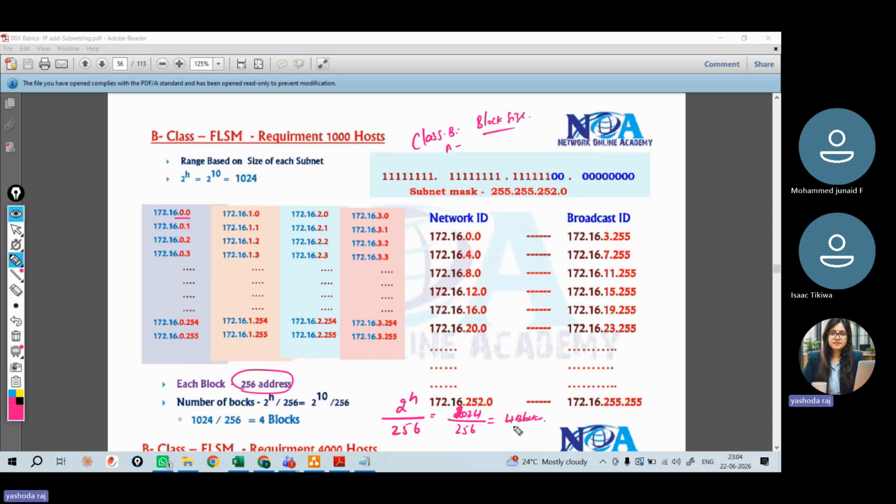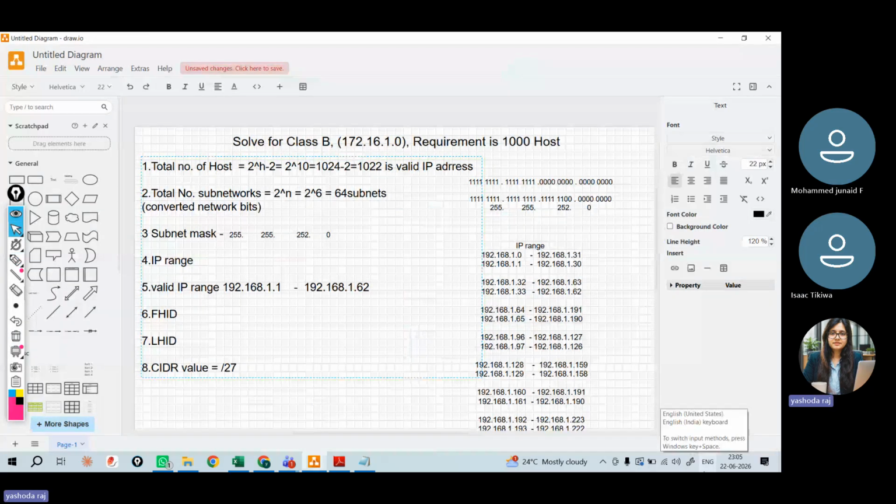That means in one block, how many addresses? One block 256, second block 256, third block 256, fourth block 256, together 1024. Got this one? Understood? So here, how can I write the IP range?